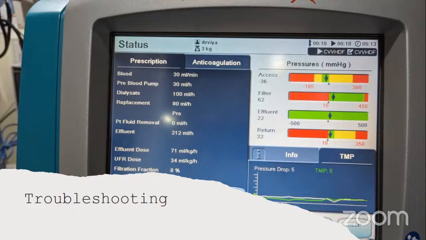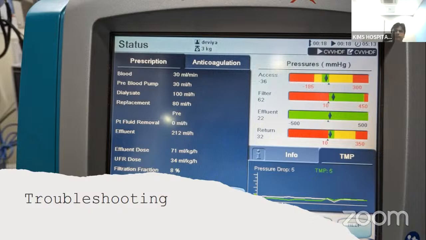Following that, how to set the prescription, the CRRT dosing, the blood volume, how to select the circuit depending upon the age, how to consider anticoagulation, and last is the troubleshooting. So this is the brief overview of how CRRT works.